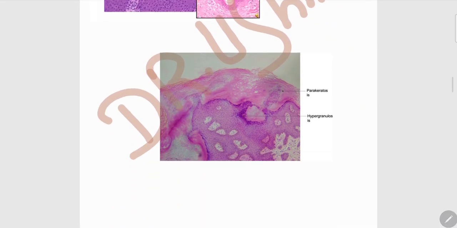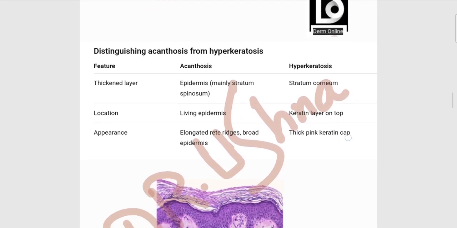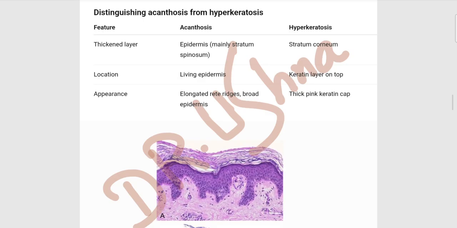This is parakeratosis. But in PRP, what happens? Before rushing towards the PRP slide, you have to understand the basic concepts of hyperkeratosis and acanthosis, and you have learned para and ortho as well. Hyperkeratosis is the thickness of the stratum corneum, the topmost layer of the epidermis, and acanthosis is the thickness of the stratum spinosum, which is beneath the corneum.